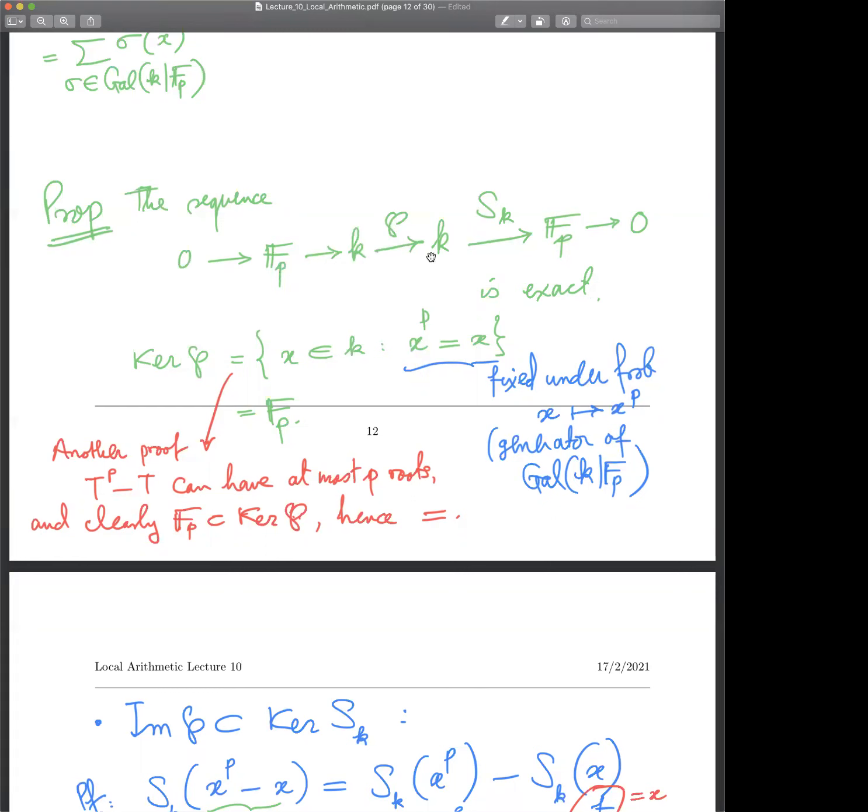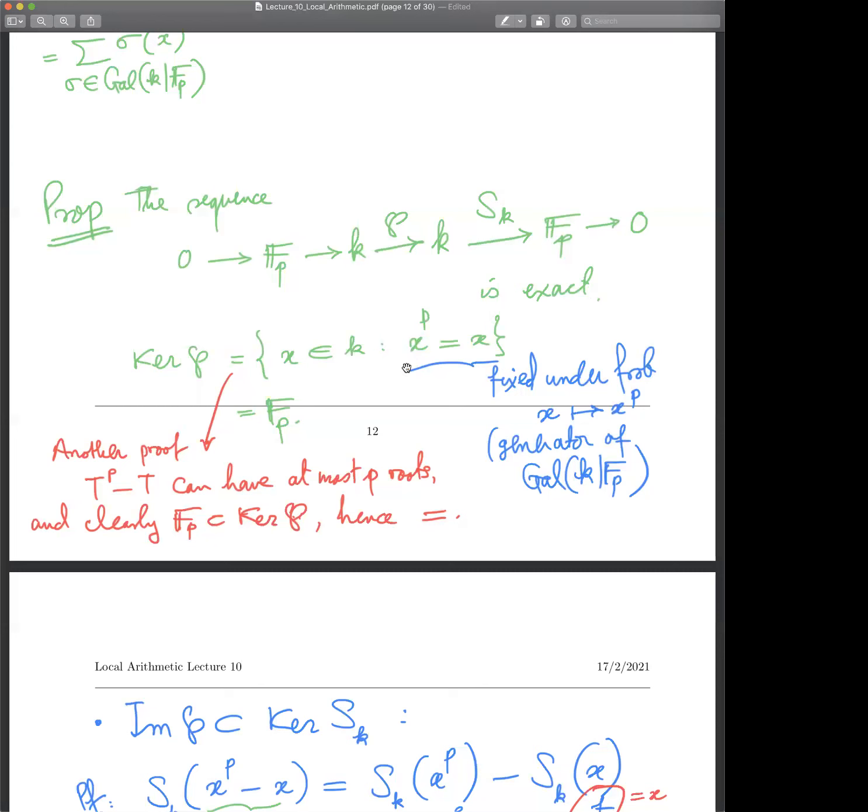Okay, so I want to show that this sequence here is exact. That's the claim. So let's first establish that the kernel of p is equal to F_p. Now the kernel of p is the set of all x such that p of x is 0, but p of x is x to the power p minus x.